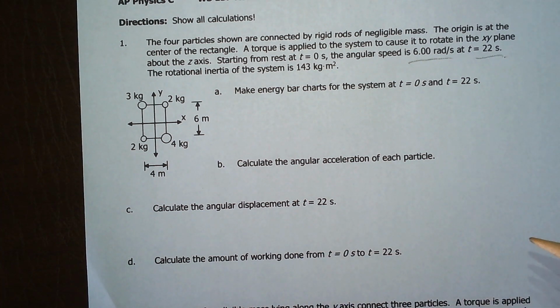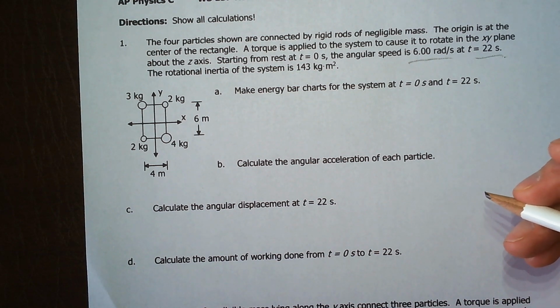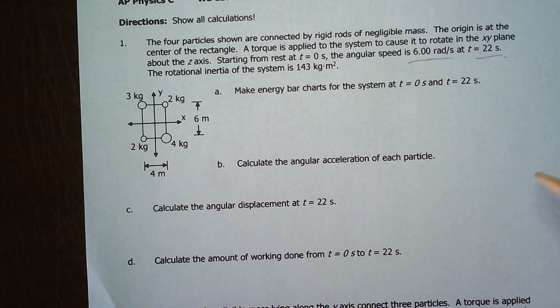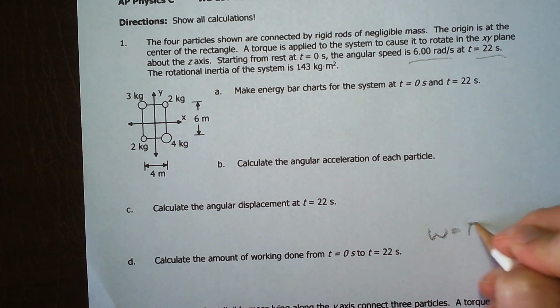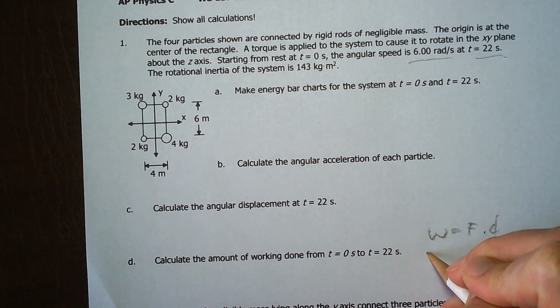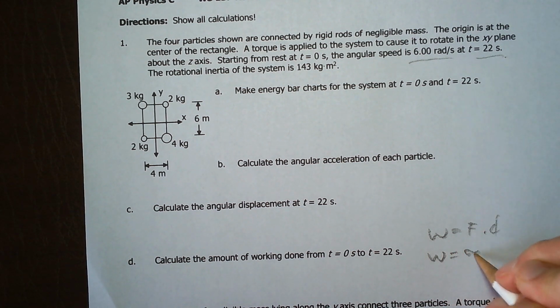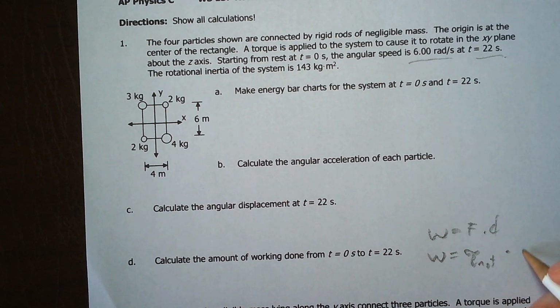Calculate the amount of work done. Okay, so there's a couple different ways you could do this part. You could say, we know the work is equal to force times distance. Well, work is also equal to a net torque times the angular distance, and you just found the angular distance here.